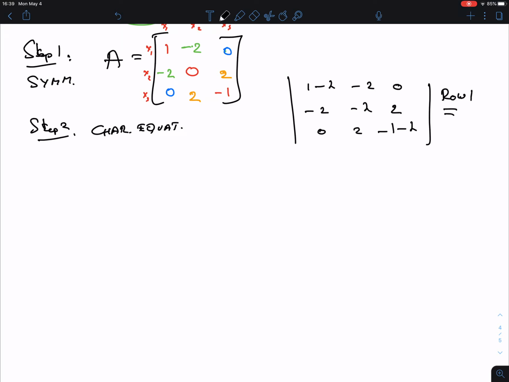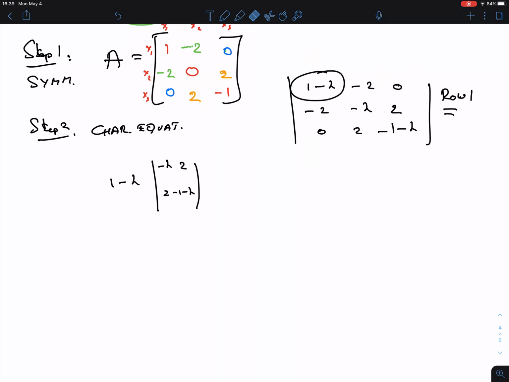Remember, you take this factor, 1 minus lambda, and then multiply with the cofactor, that is minus lambda, 2, 2, minus 1 minus lambda. So that's these two.